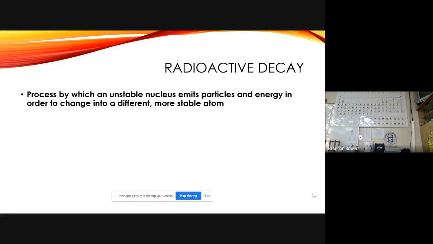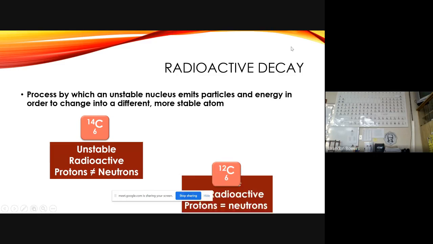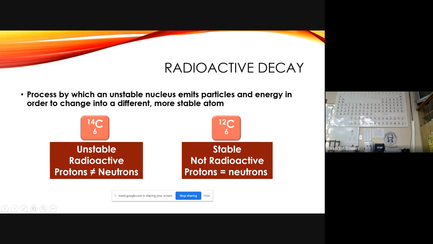That's deja vu. And that's radioactive decay. Unstable turns into stable. Beautiful. And we'll go over how it does that. Everybody good?